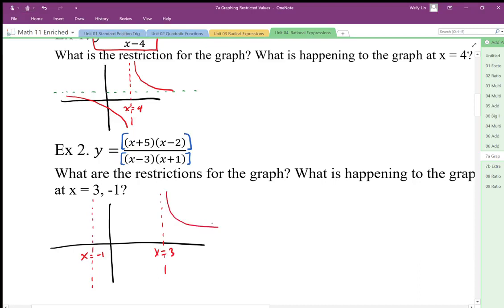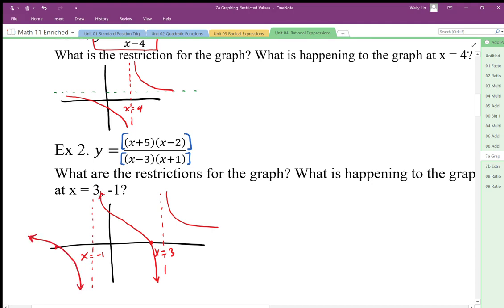It's going to curve like that. Now let me just think, I haven't drawn this for a while. So it's going to cross here and at negative 5, somewhere around here. So it's going to look something like this. And we get a graph kind of going down like this.